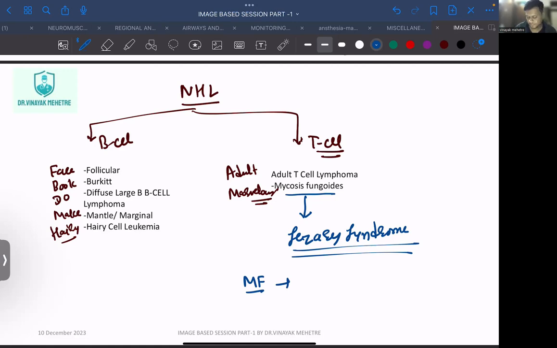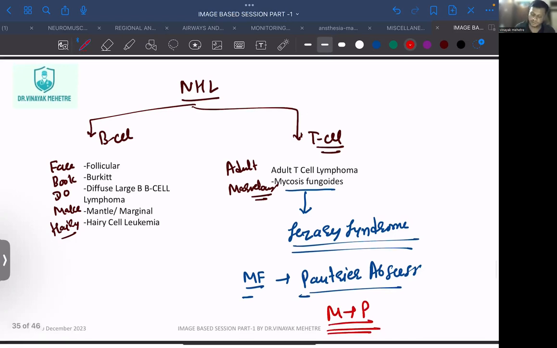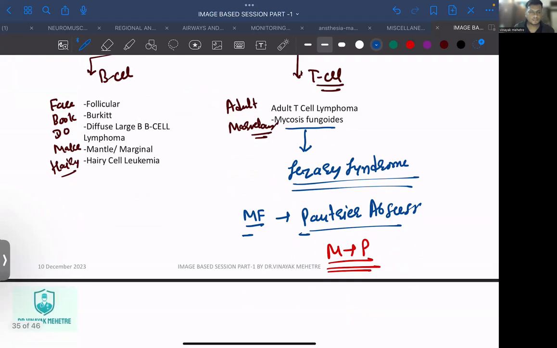Anyone? Pautrier abscess. M goes with P. Remember it like this. Now tell me, if the disease name starts with P, that is psoriasis, which abscess is seen?